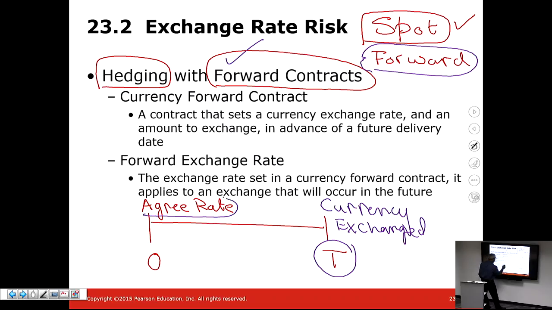This rate that you have been quoted today for exchange of currency that is to take place at time T would be considered the forward rate.